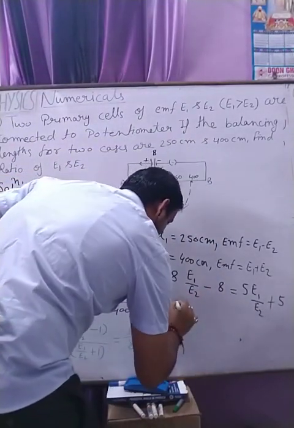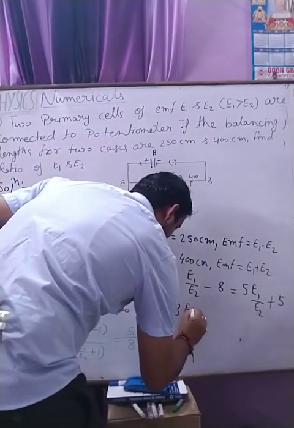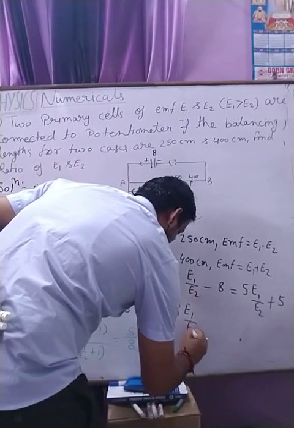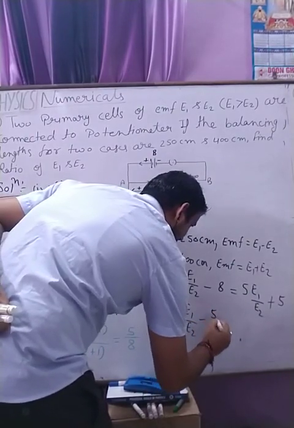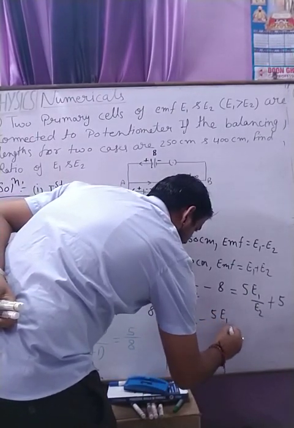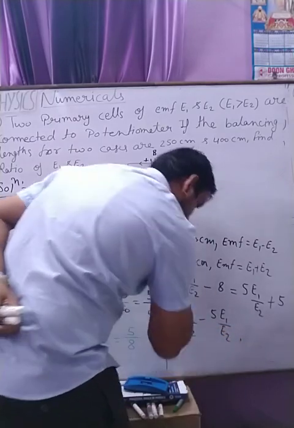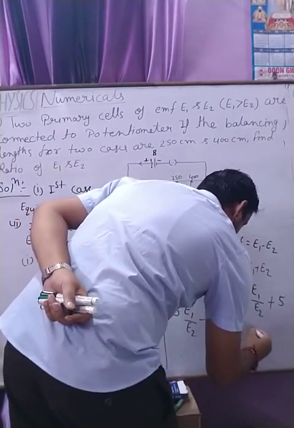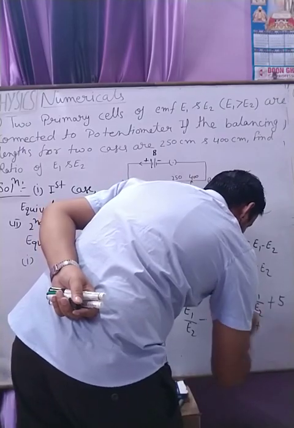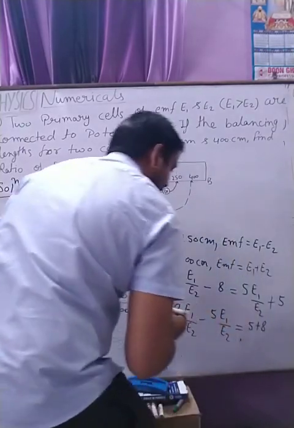Therefore 8 E1 upon E2 minus 5 E1 upon E2 is equal to 5 plus 8.